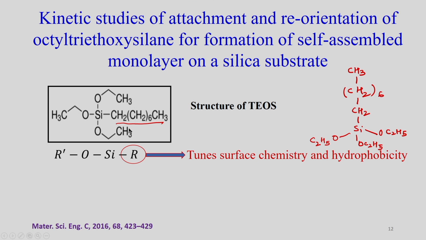So, this is the ethoxy group, three ethoxy groups here on Si, and this octyl means a 6, 7, 8 carbon chain, right.